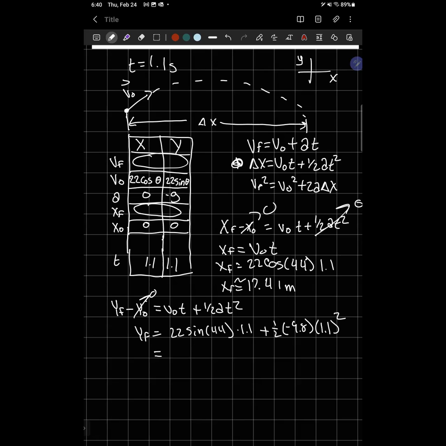Plugging that into a calculator, I get 10.88 seconds. Oh wait, not seconds. What is it? Meters.